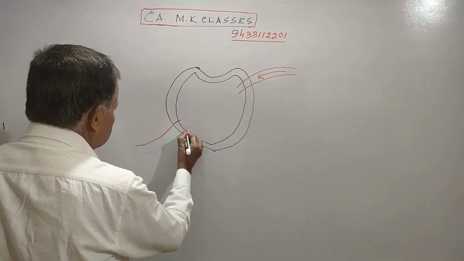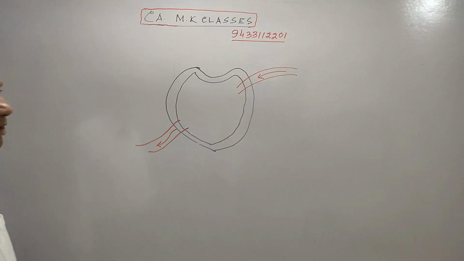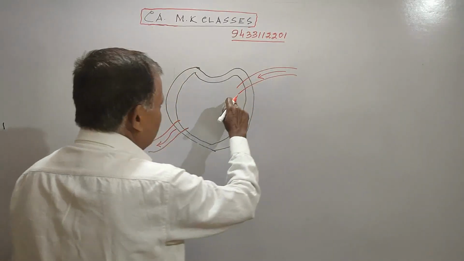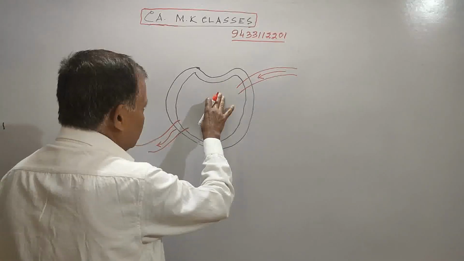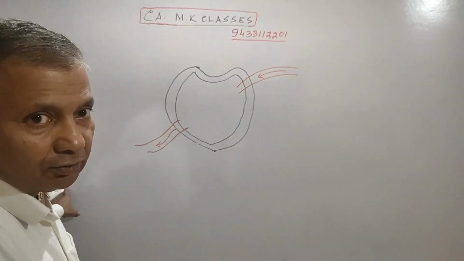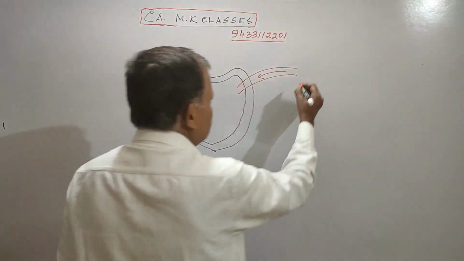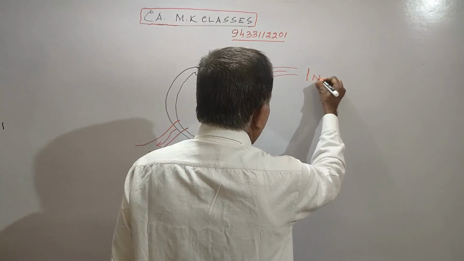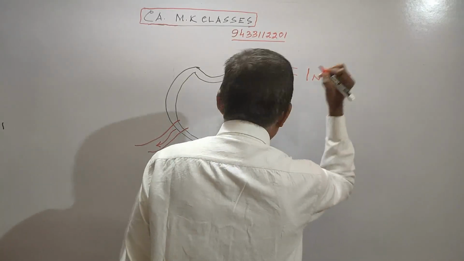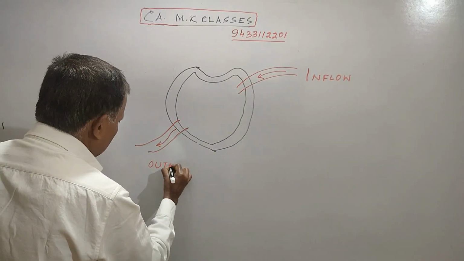Blood is coming in, gets purified by oxygen, and goes out from the heart. This is your inflow and this is your outflow.